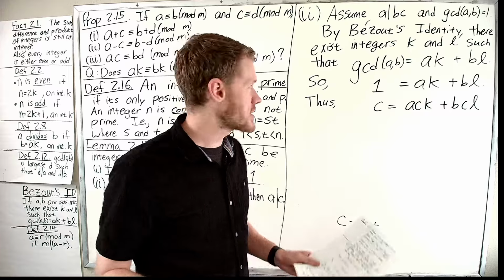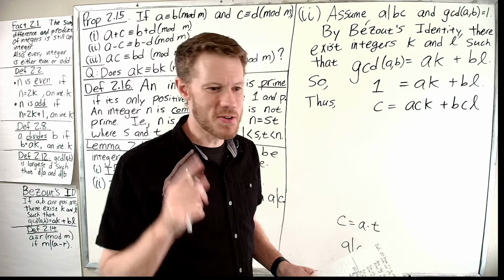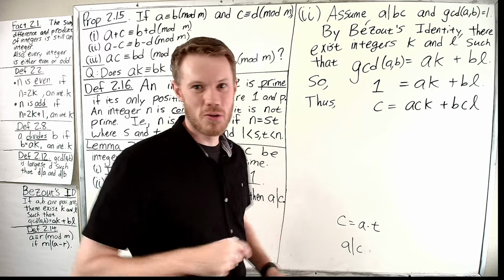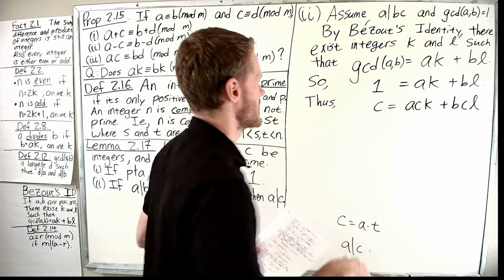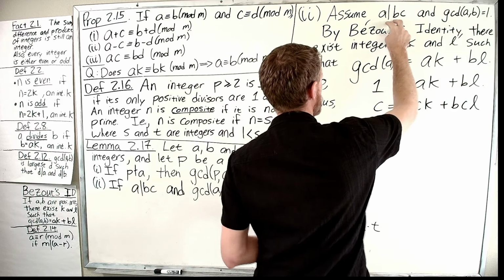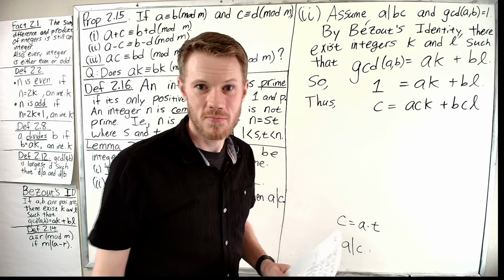Well, it's always a good strategy to remember, have I used all of my assumptions? Whatever mathematician did this probably didn't throw in extra assumptions that are unnecessary. We did use the GCD of A and B. We have not yet used that A divides BC.